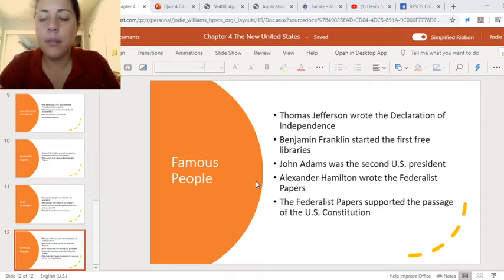Remember, the Federalist Papers wanted to help the Americans understand the Constitution. Some of the leaders wrote their ideas and thoughts down on paper so that people could understand the U.S. Constitution.